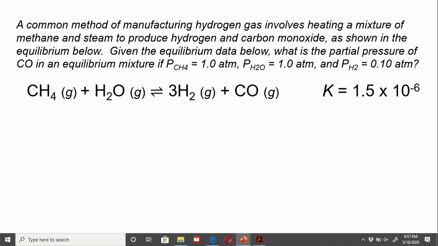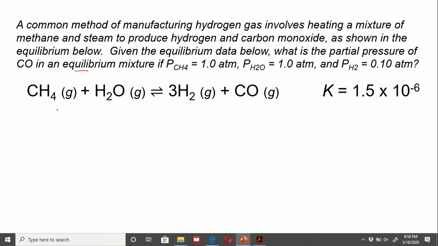Another example. Now in this example, when you read, you will find the information given in partial pressures. This question doesn't give any concentration values. What it gives are the partial pressures observed at equilibrium.